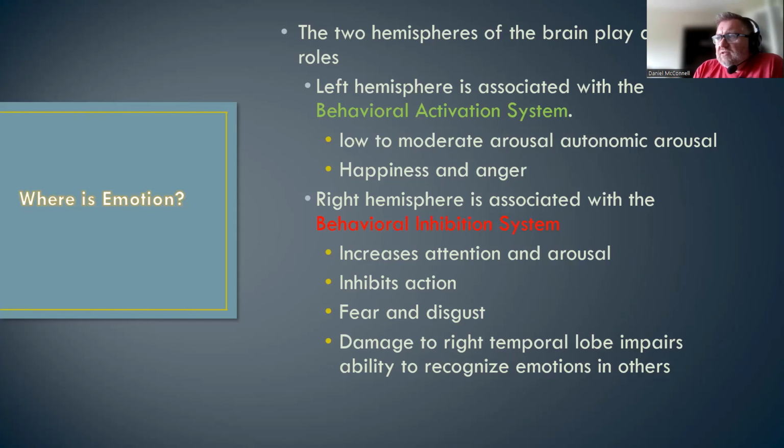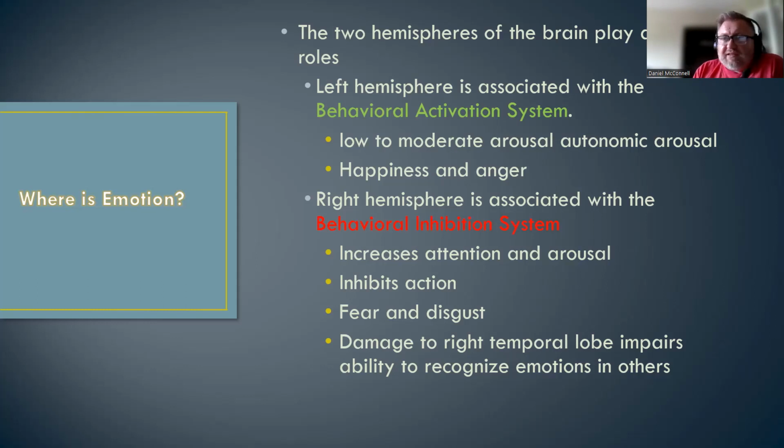Now on the behavioral inhibition side, we're looking at the right hemisphere. And one of the things this does is that instead of activating a reaction, it activates attention. If you see a rabbit in your backyard and you step outside and the rabbit sees you, it doesn't necessarily run away immediately. Instead, it might freeze, right?